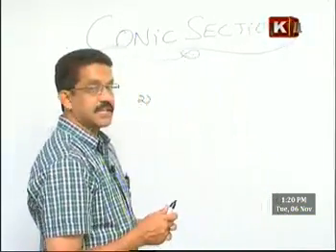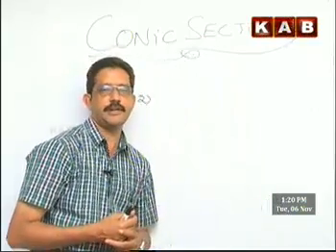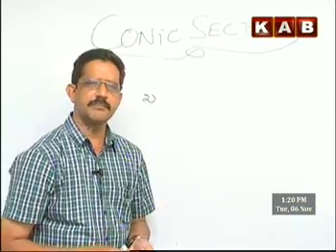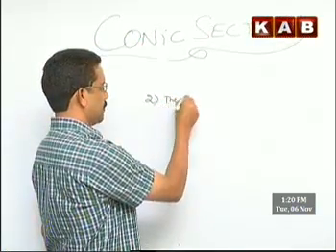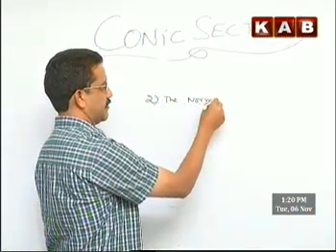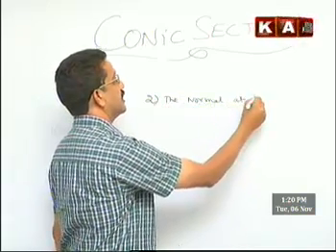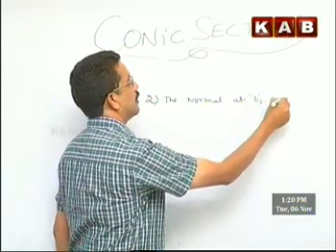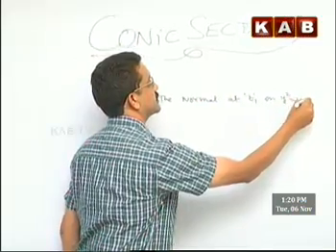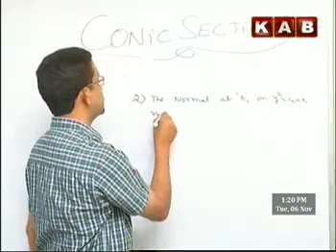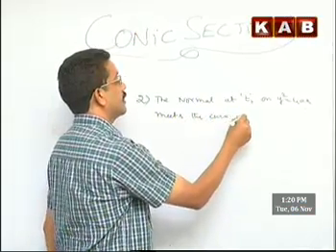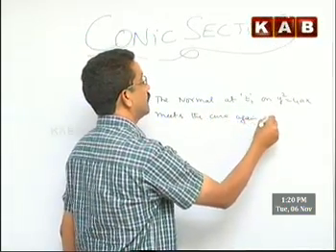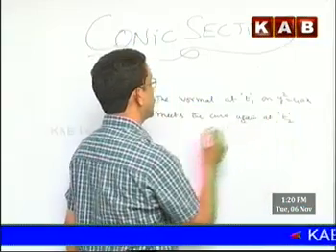This question is a long answer question, and it has appeared many number of times. So please concentrate. I write the question carefully. The normal at t1 on y square is equal to 4ax meets the curve again at t2.